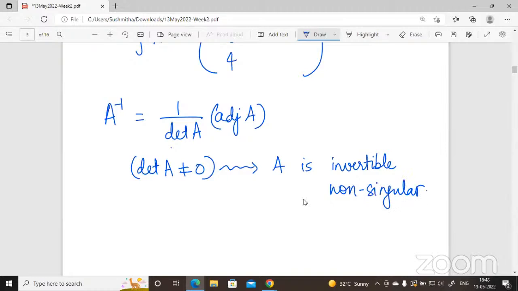And what is the meaning of non-singular? By singular, you mean the determinant is equal to 0. Not a null matrix; a null matrix means it's a zero matrix. A singular matrix is a matrix whose determinant is 0, so a matrix whose determinant is non-zero is said to be non-singular. That's it.